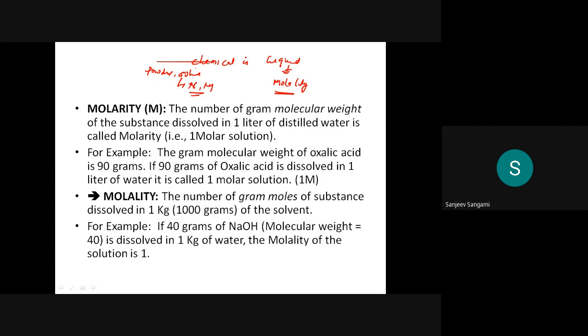Very important: it is the gram molecular weight of the substance dissolved in 1 kg of solvent. For example, if 40 grams of NaOH is dissolved in 1 kg of water, the molality of the solution is 1.